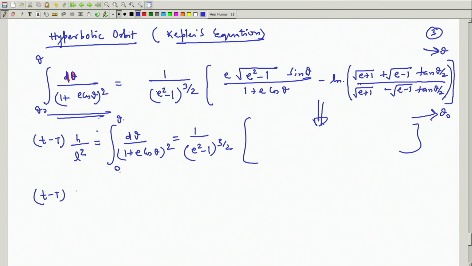Now, the left hand side gets reduced to this, and the right hand side again we copy this whole thing here.